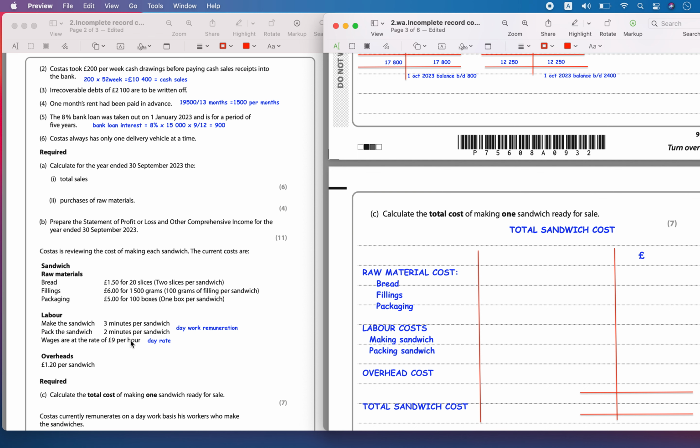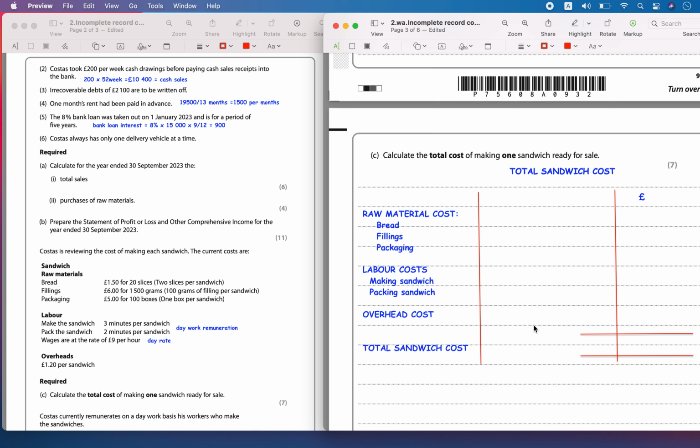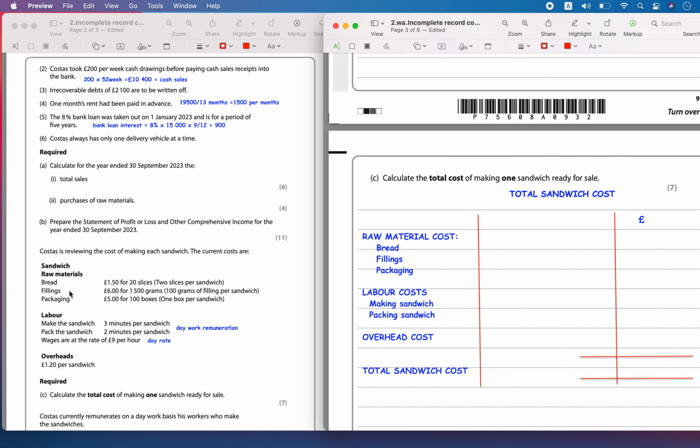Okay. So for the given data, we have to calculate his total cost for making one sandwich. Per sandwich we have to calculate. His raw material inventory costs 1.5 pounds for 20 slices, and he requires 2 slices per sandwich.